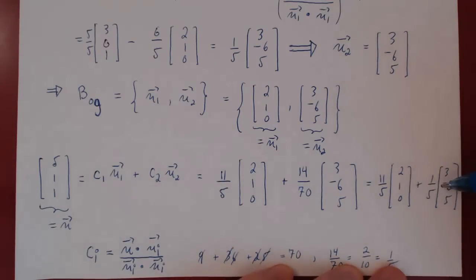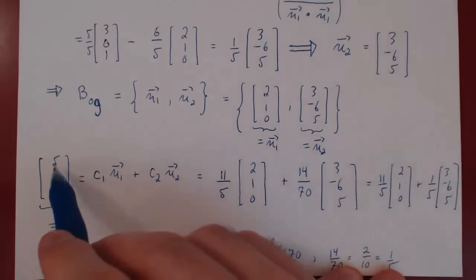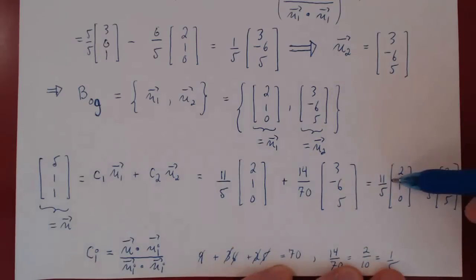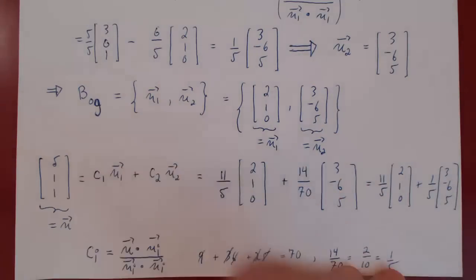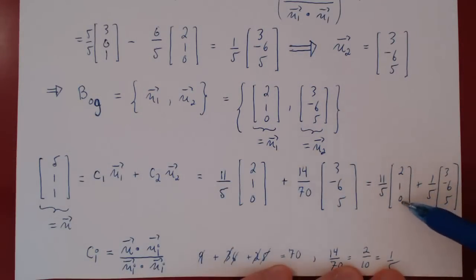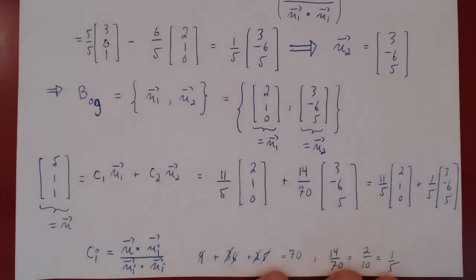Let's check. This is all over 5, so this is great. We'll have 2 times 11, 22, plus 3 is 25, over 5 is 5. Check. We'll have 11 minus 6, well, that's positive 5 over 5 is 1, check. And 11 times 0 is 0, plus 5 over 5 is 1, check.